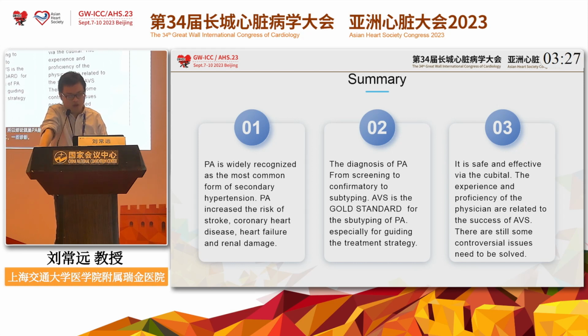AVS is the gold standard for the subtyping of PA, especially for guiding the treatment strategy. Last, it is safe and effective via the cubital approach. The experience and proficiency of the physician are related to the success of AVS. Now, there are still some controversial issues that need to be solved.